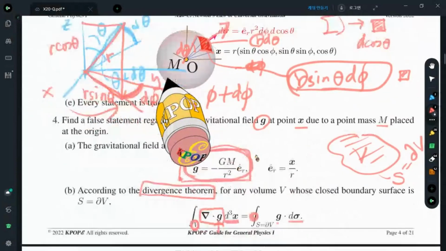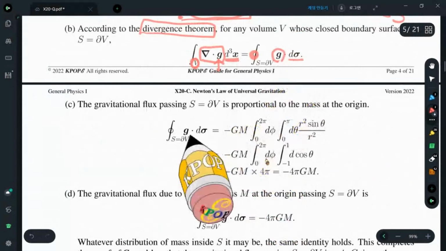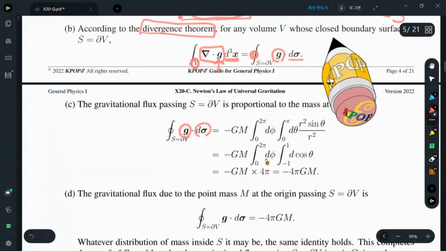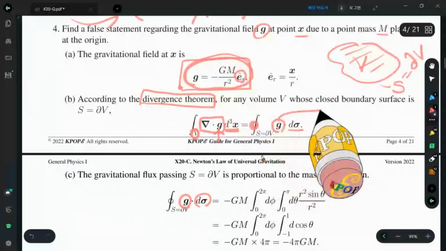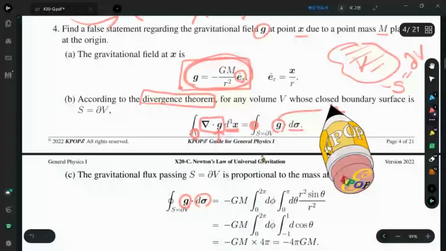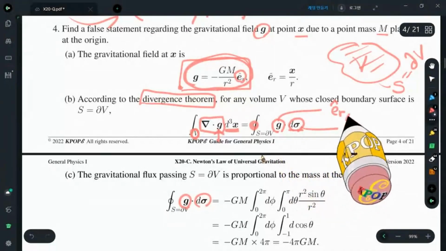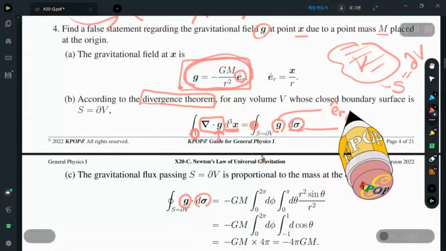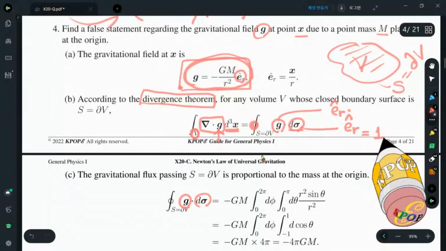a sphere. And gravitational field scalar product surface, we remember that this is proportional to e_r hat, and this surface element is also proportional to e_r hat. The scalar product e_r dot e_r is just number 1.